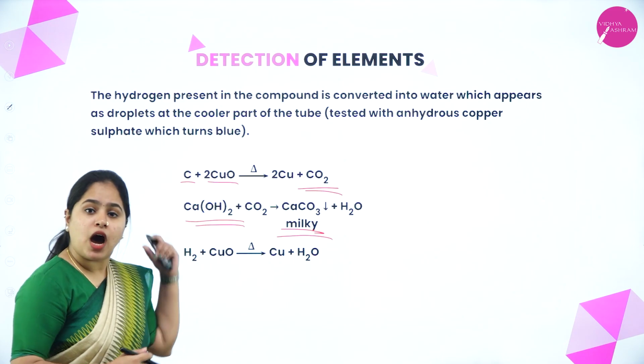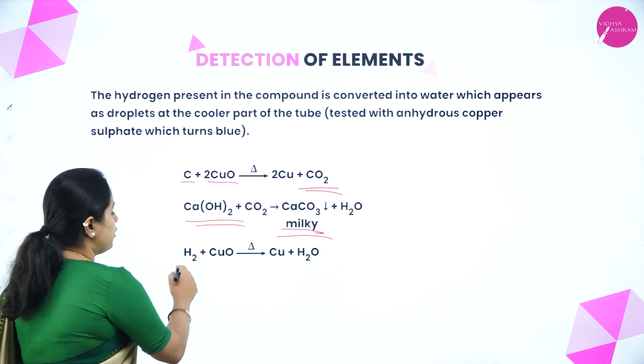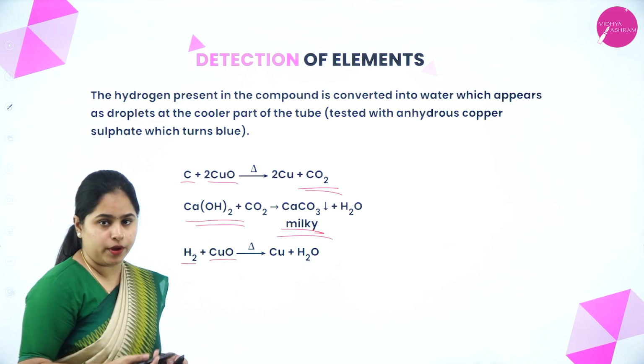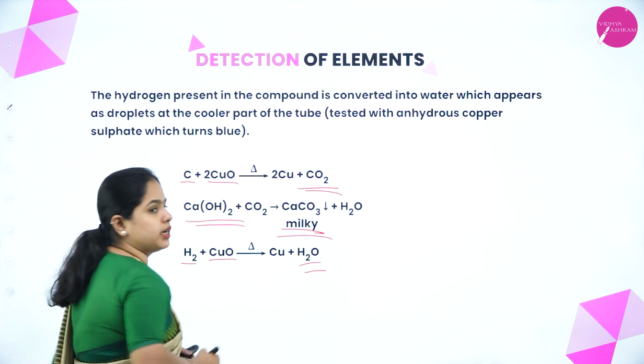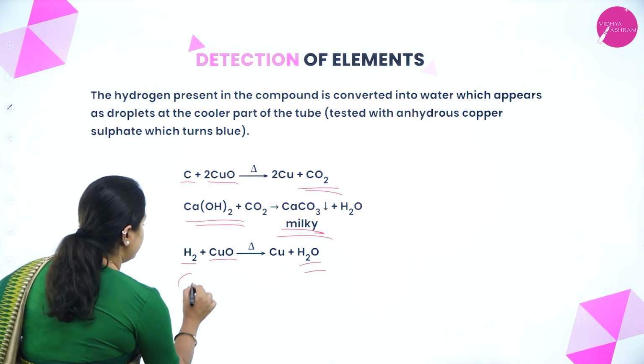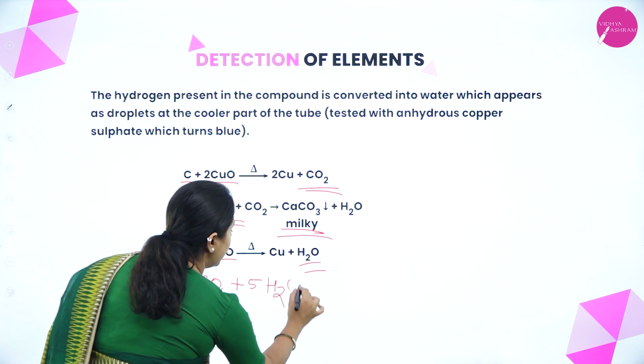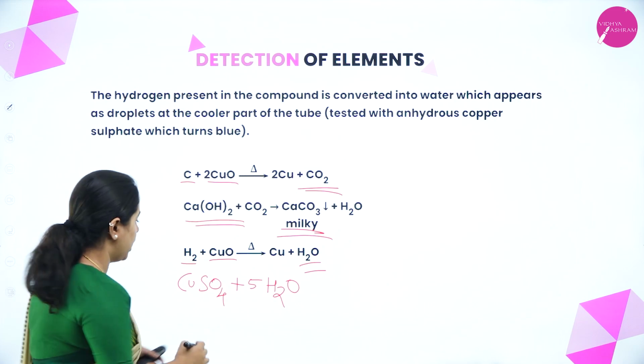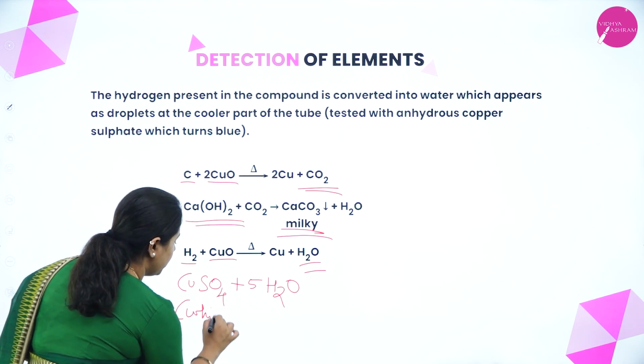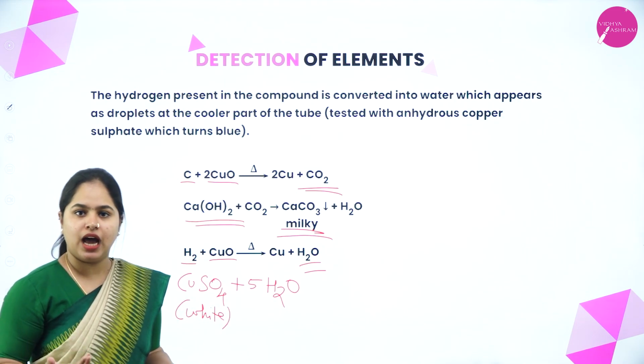In the same way, how to confirm the presence of hydrogen? If hydrogen is made to react with copper oxide, it forms water, right? Now, when the water is passed through anhydrous copper sulfate, which is white in color, it doesn't have any color.